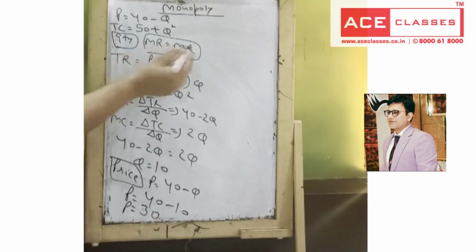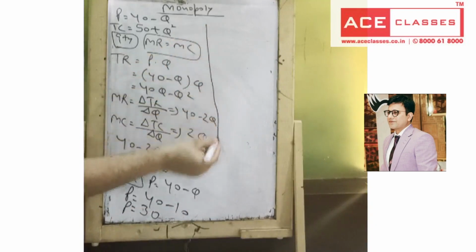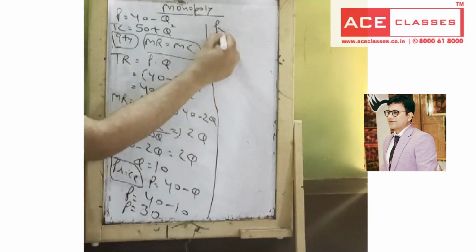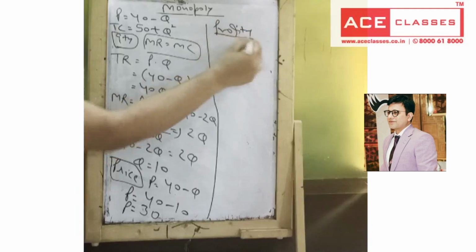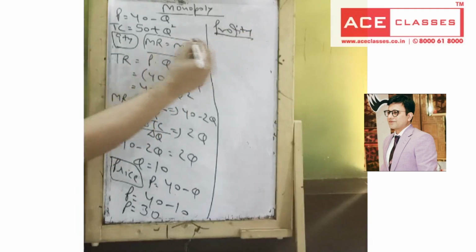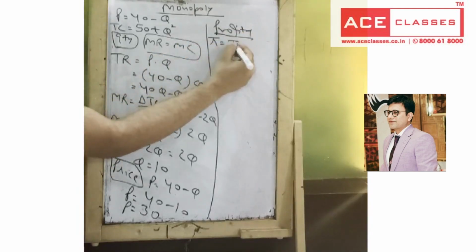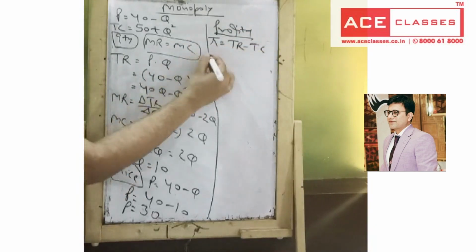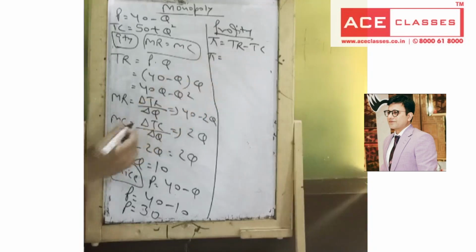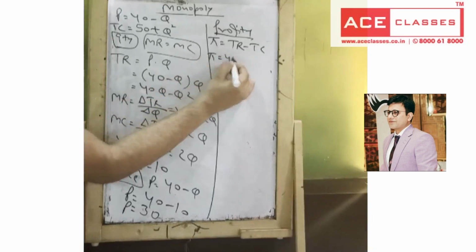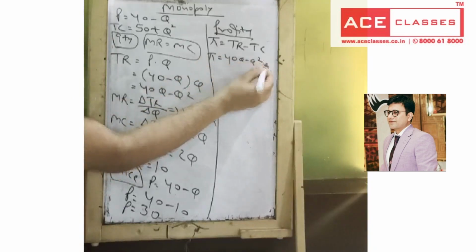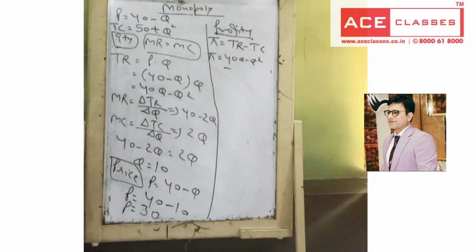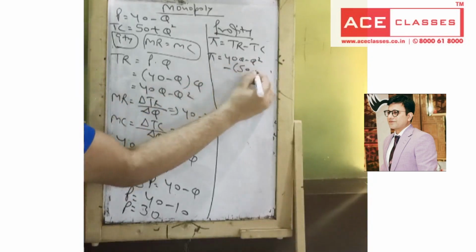Now we will be taking on the profits. If I want to solve profits, or if I want to have the value of profits, I'll be going like this. Pi, which is profit, is equal to TR minus TC. Now what is TR? TR from here is 40Q minus Q square, minus TC. TC is 50 plus Q square.